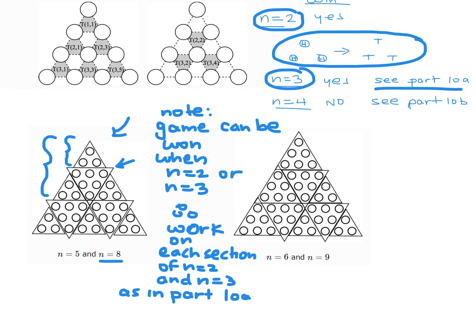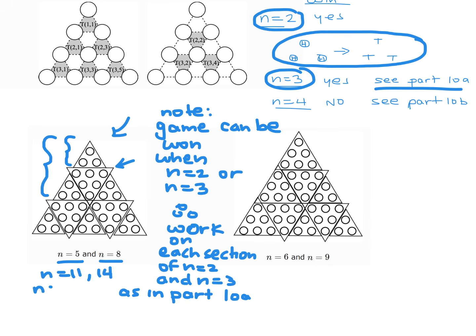So there we go. So that shows that you could do it for n equals 5 and n equals 8. And then similarly for every multiple of 3. So n equals 3. If you keep adding 3 to that, let me think about this first. 1, 2, 1, 2, 3, 1, 2, 3. Yeah, you keep adding 3, right? So n equals 11, and so on. So n equals 11, n equals 14.